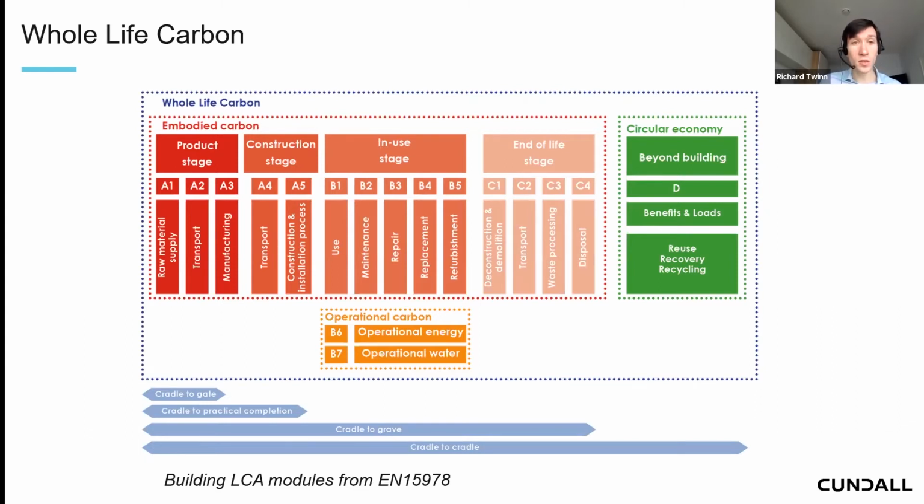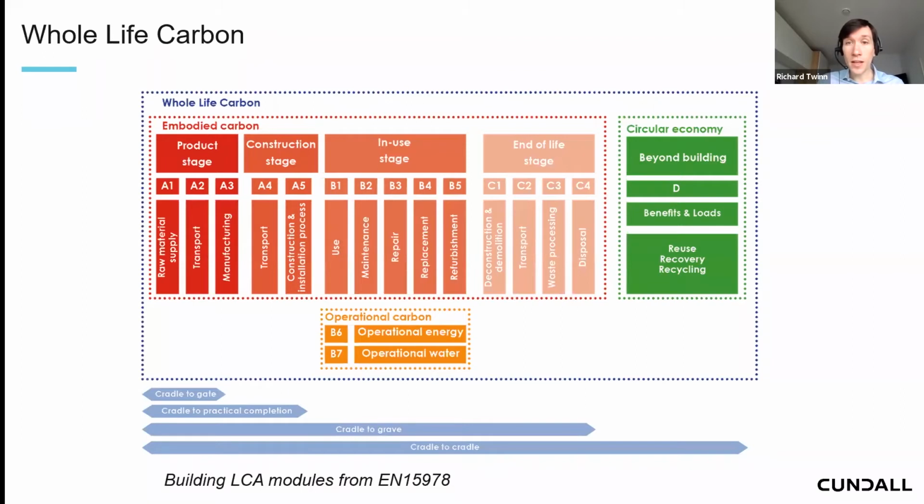So that's everything to do with the production and transport of materials and products that go into it, and the on-site emissions from construction. Then for use stage, there is embodied carbon associated with that in terms of repair, replacement, refurbishment, alongside the operational impacts, so operational energy and operational water, which is often focused on solely in terms of zero carbon.